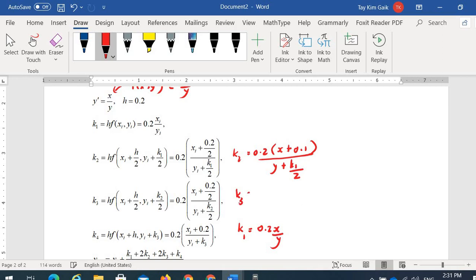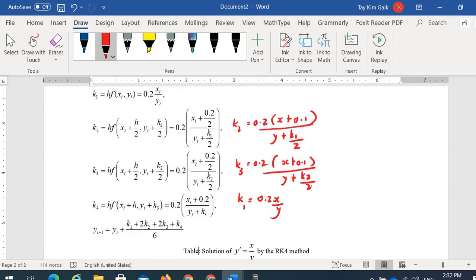K3 is h multiplied by the same function, however x becomes x plus h over 2, so x plus 0.1, and y becomes y plus k2 over 2. You may use a k3 formula, and a k4 formula, where x becomes x plus h, so x plus 0.2, and y becomes y plus k3.